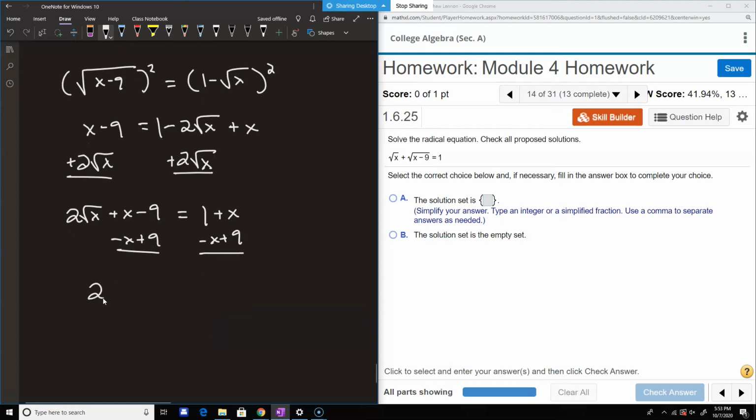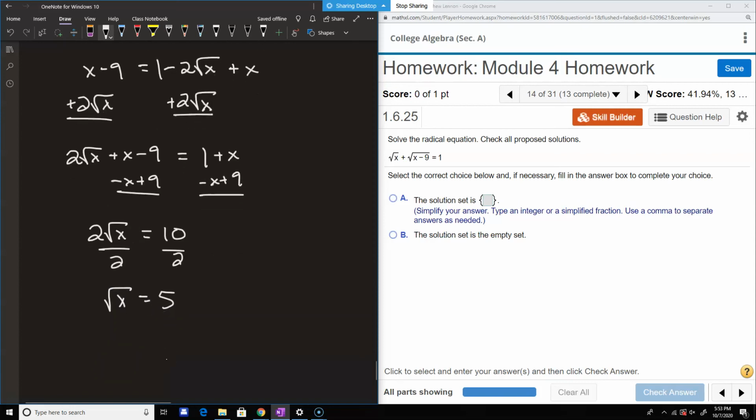So the left now is just 2 square root x, and on the right hand side we only have 10. The positive x and negative x cancel, and then we just have the two numbers. So it's actually simplifying quite nicely. So divide by 2, we get the square root of x equals 5. Square both sides, you get x equals 25.